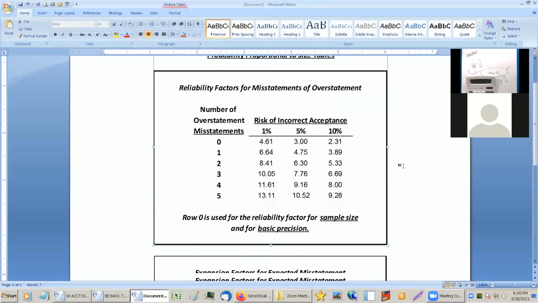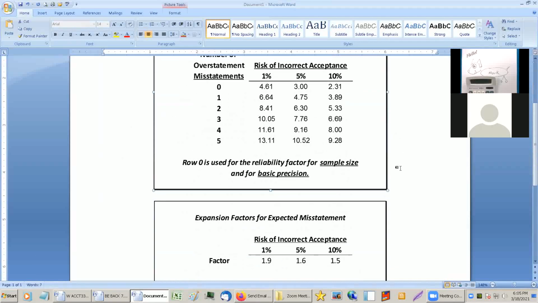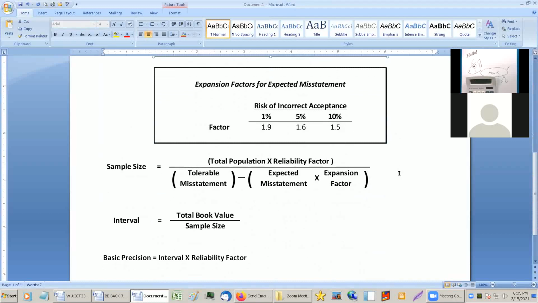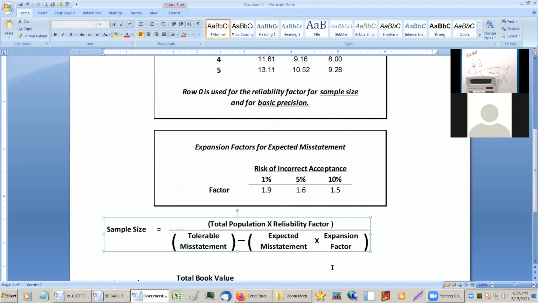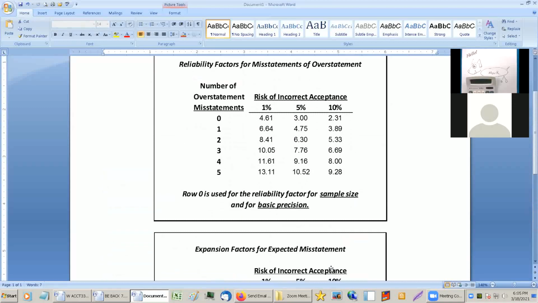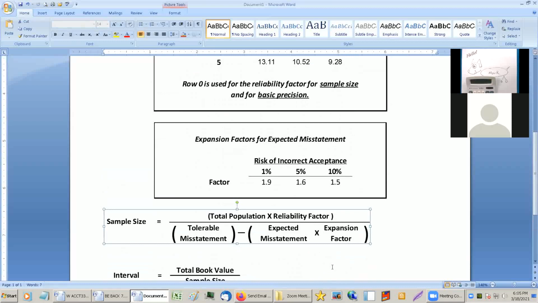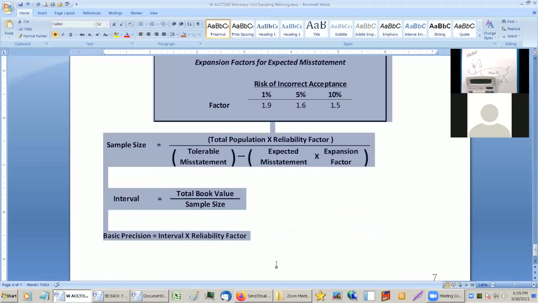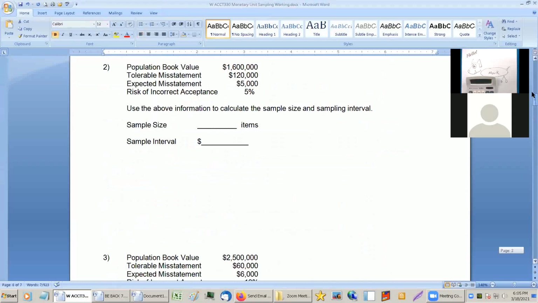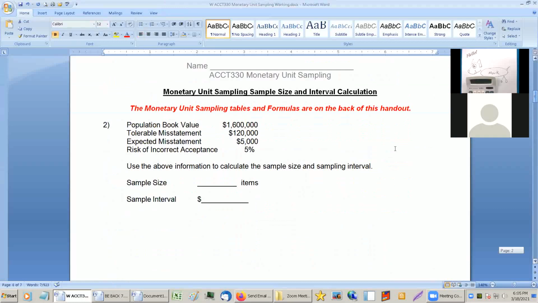So this is the last page. And this is our formula for the sample size. It looks a little intimidating, but it's not terrible once we get used to using it.